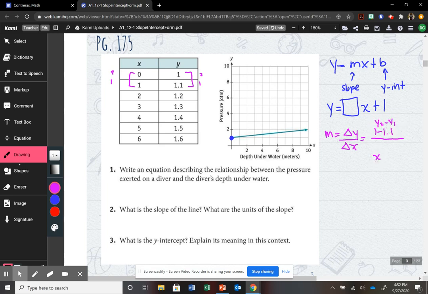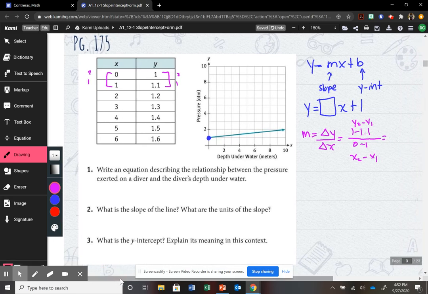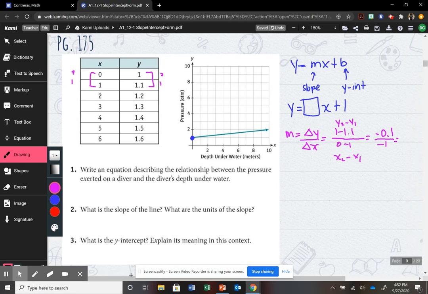And down below we have x2 minus x1. So our x2 is 0 minus 1. So here we get negative 0.1 over negative 1, which just gives us 0.1. So that is our slope, 0.1.